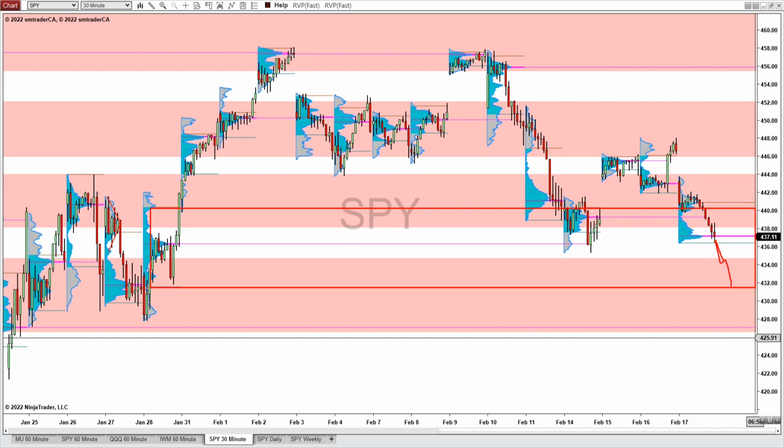Will it chop down to this 432 area and get a bounce back up, or will it just chop around down here, then come back up to today's point of control, push back up to the value area high, and then come back down and maybe end the session somewhere between 438 and 440, because that's where we're looking for the possibility of a pin somewhere around 440.